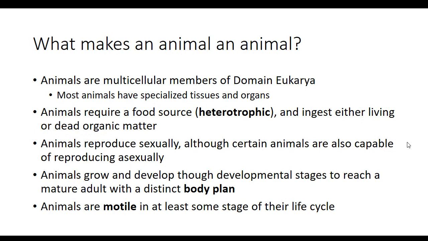Animals are heterotrophic, which just means they ingest, or eat, food. Almost all animals do this. There's one kind of animal I'm thinking of that does not ingest food, and that's a tapeworm. A tapeworm is a parasitic worm that lives inside other organisms.